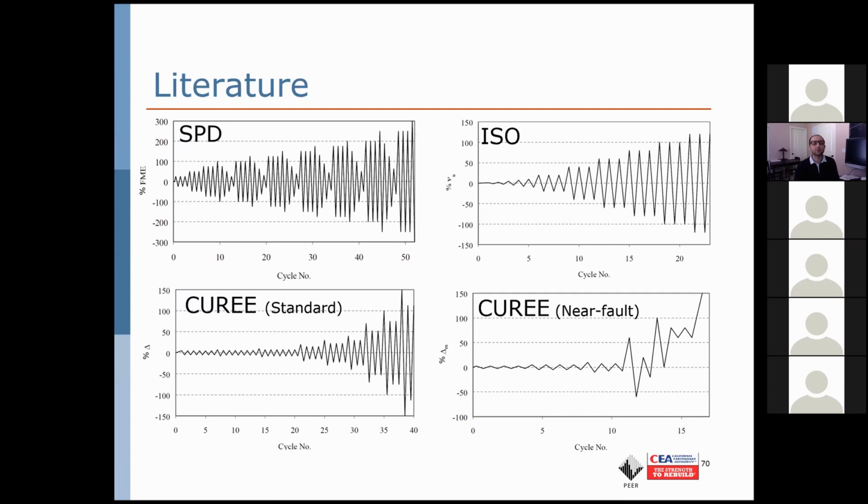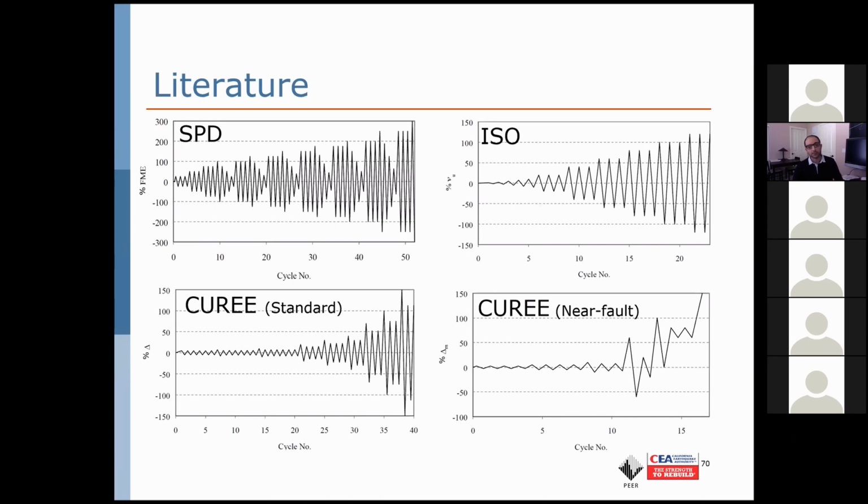Basically, it moved the mode of failure from the component to the fatigue of the nails. And the ISO, something that the folks in Switzerland built. The work that happened at Stanford with the Curee project came up with 2 loading protocols, as you can see. The bottom one, the near fault, and the standard, or later on they called it the ordinary loading protocol. This is our starting point.